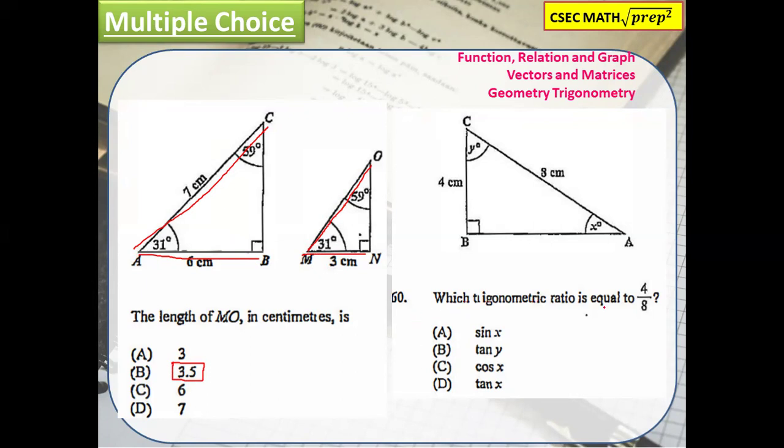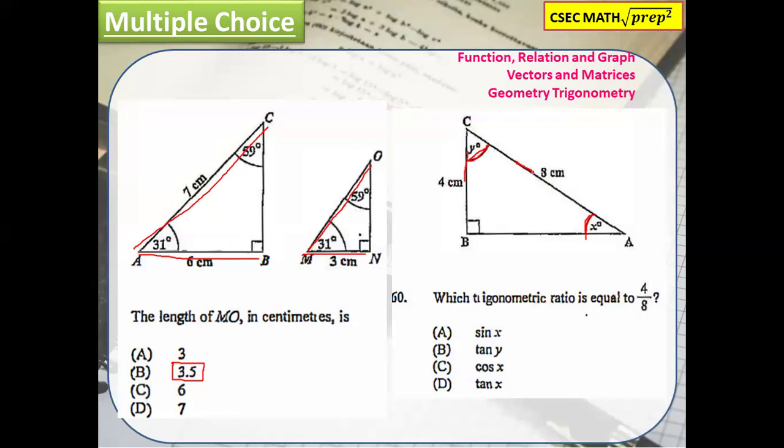Finally, which trigonometric ratio is equal to 4/8 as it is given here? Now, what we have to pay attention to is the fact that there are 2 angles given here. 4/8, if we're looking at it from this end, the y, 4 will be the adjacent side over the hypotenuse.